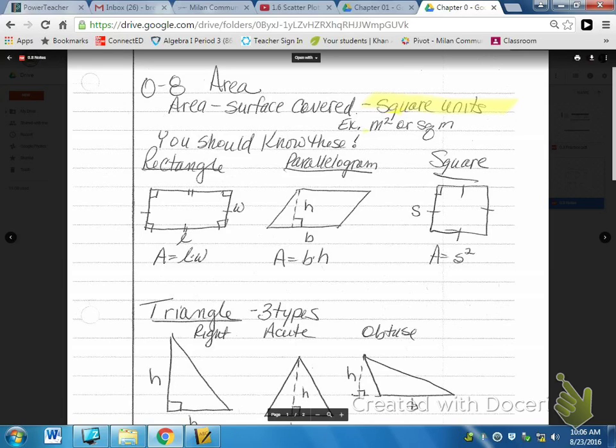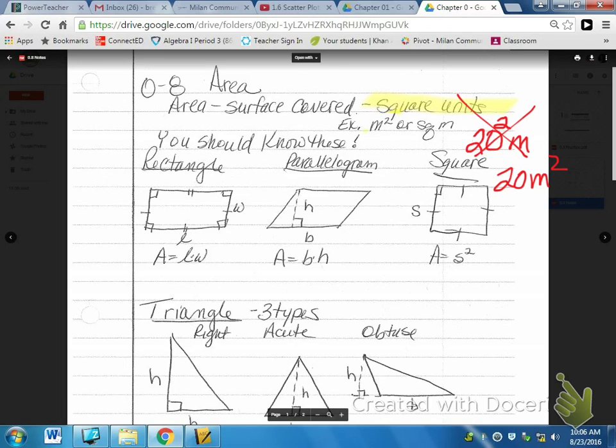Let's say you've calculated an area and it was 20. Never, ever put 20 squared meters. That is completely wrong. If you're going to use the exponent, it goes on the unit, not on the number. Okay, so please do not get that confused.